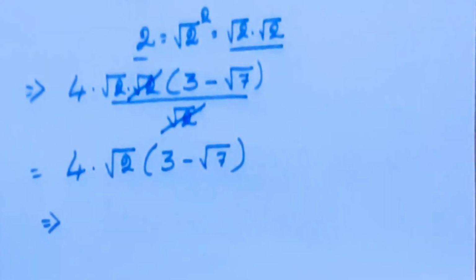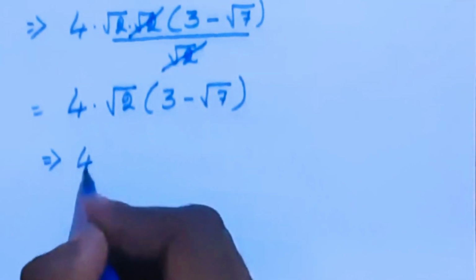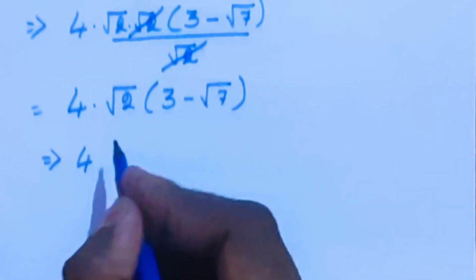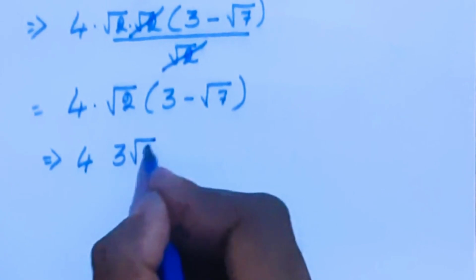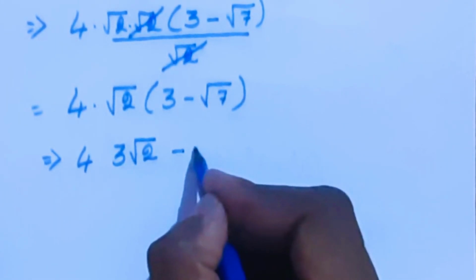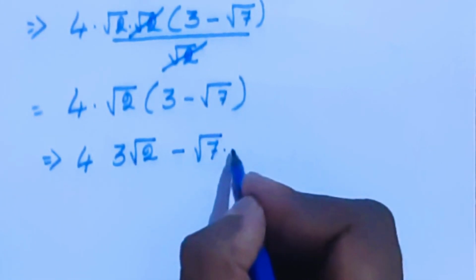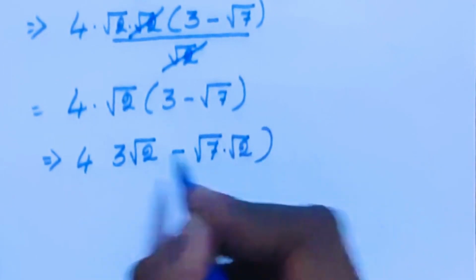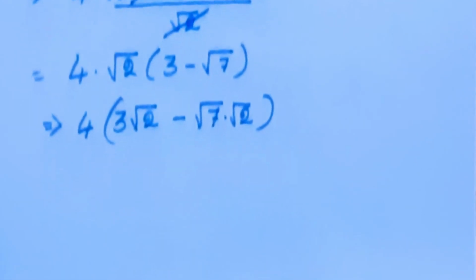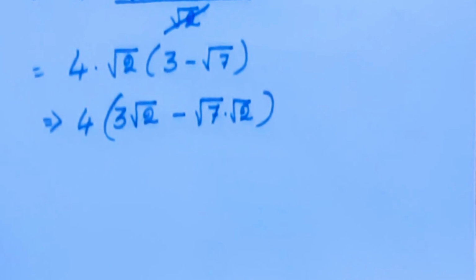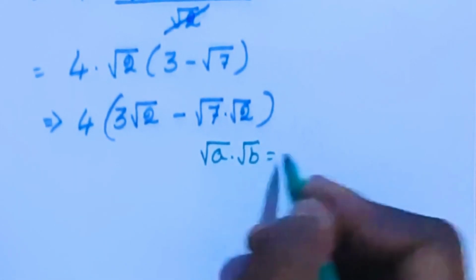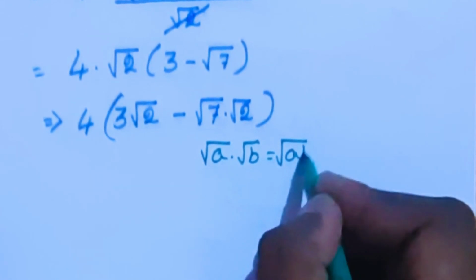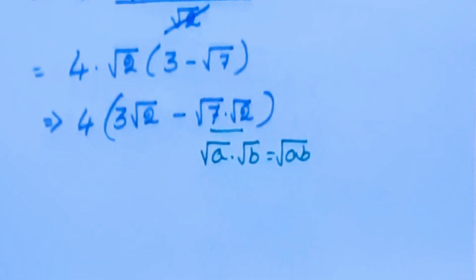Now we are going to multiply the square root of 2 inside the bracket. So 3 times square root of 2 minus square root of 7 times square root of 2. Now we know this formula, that is square root of a times square root of b equals square root of ab. So we are going to apply this here.